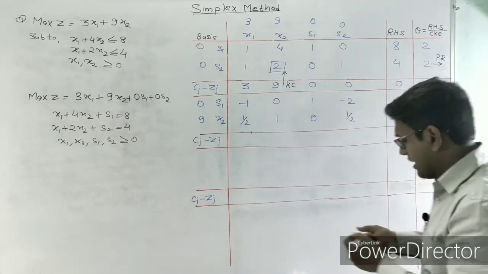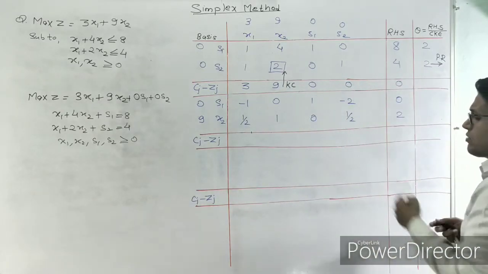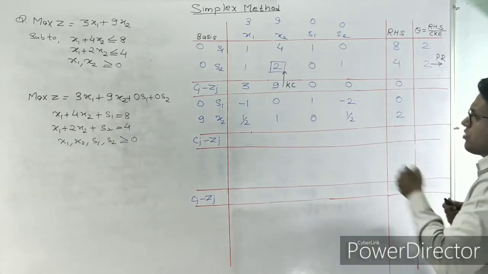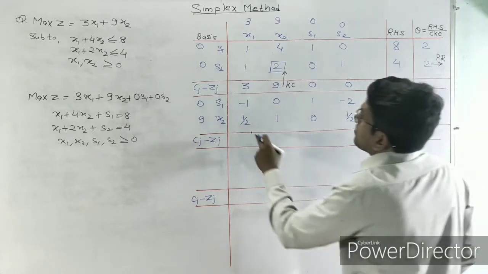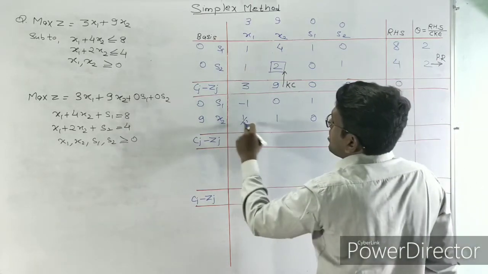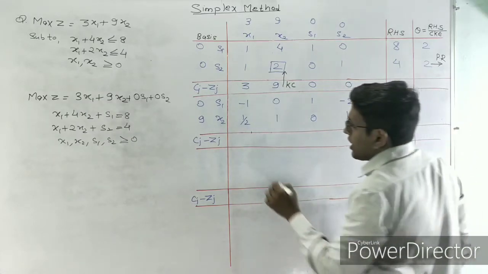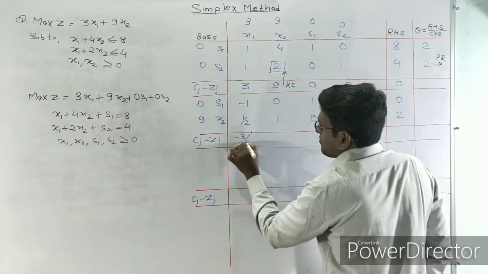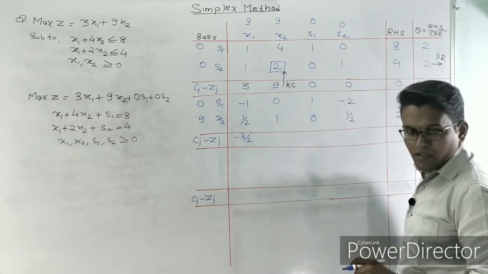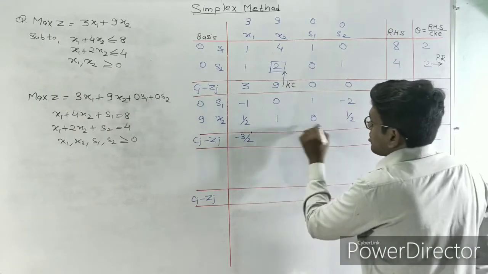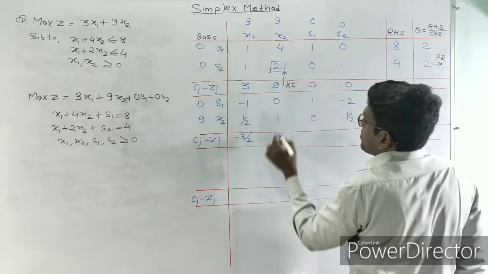Now we will again calculate for optimality, to see if this solution is optimal or not. So 3 minus 9 by 2 will give us minus 3 by 2, and these are the two basic variables x2 and s1.